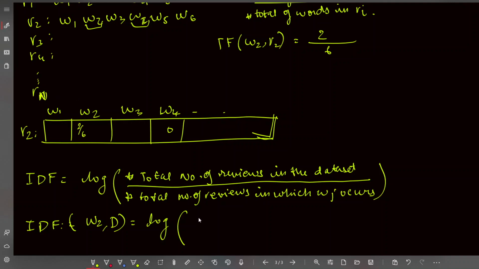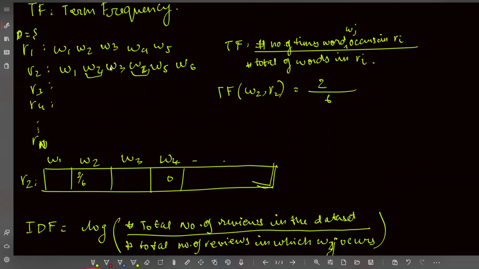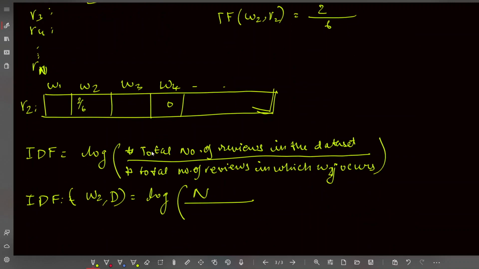The total number of reviews in the data set is N, whole upon the total number of reviews in which Wj or W2 occurs, okay? In this case, Wj is W2, right? So over here, we can see that W2 occurs in two reviews. It occurs in the first one, it occurs in the second one. And it can occur in other reviews as well. So I'll consider the total number of reviews in which W2 occurs as small n. Okay, this is small n. So this is your inverse document frequency.